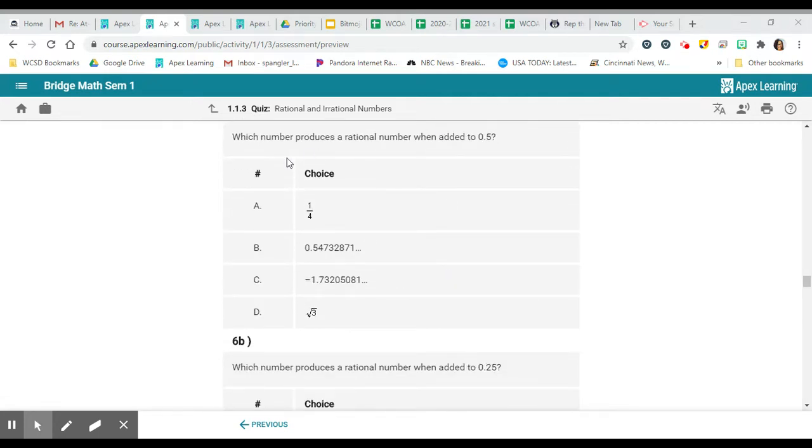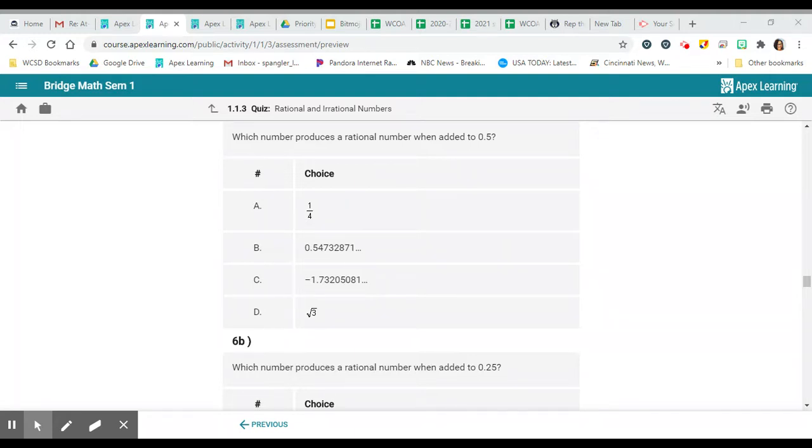Same principle here. A number produces a rational number. This is different. Which number produces a rational number when added to 0.5? So this one is also on your study guide, on page number 3 of your study guide.